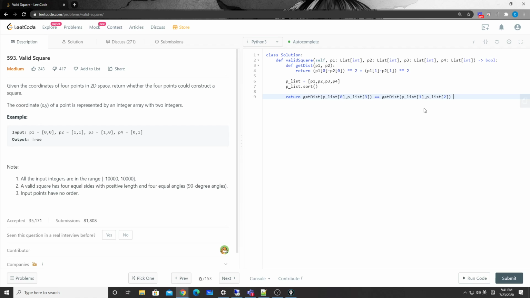So that's the first condition, and that's the two diagonal lines. And then we just pick any two edges and compare their distance. I'm going to copy this thing here. In this case, I'm just picking 0 to 1 and 0 to 2.